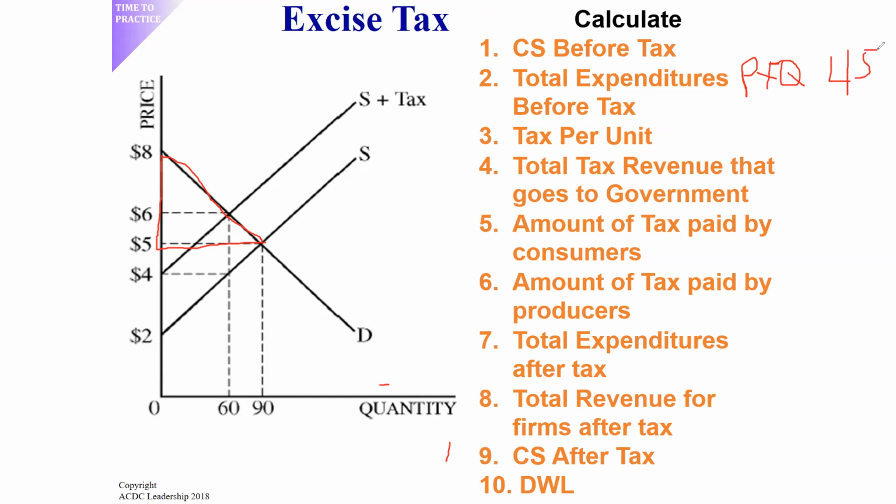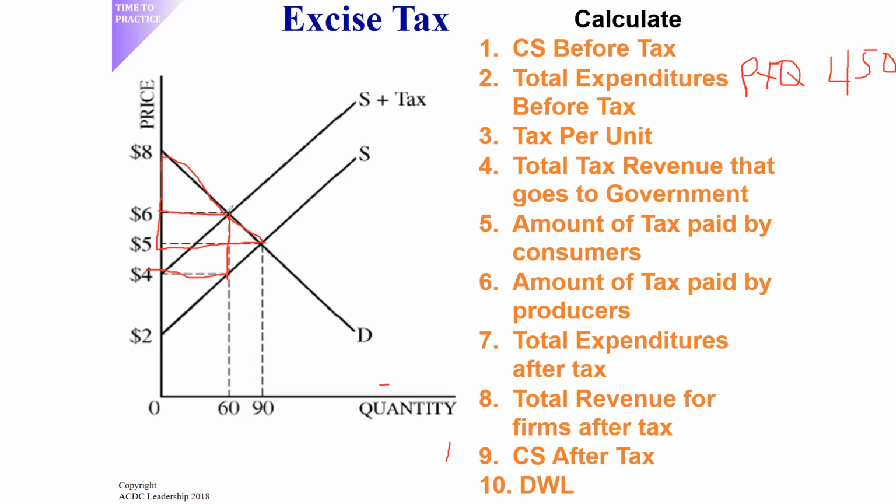Okay, here's a favorite of theirs, tax per unit. I take where the supply curve touched the new equilibrium, I draw it straight down to the old supply curve, and then across.